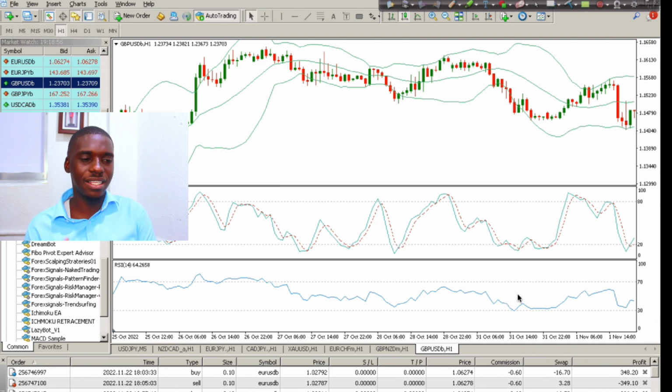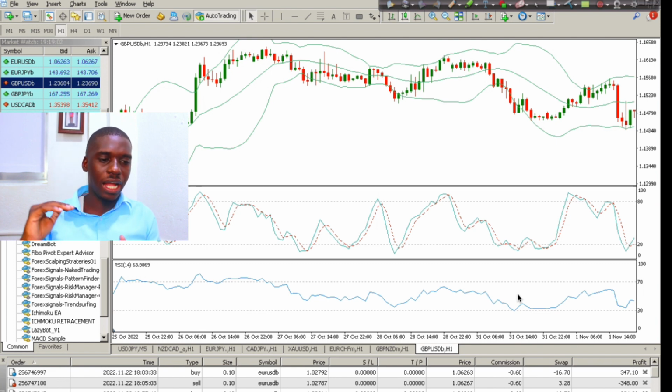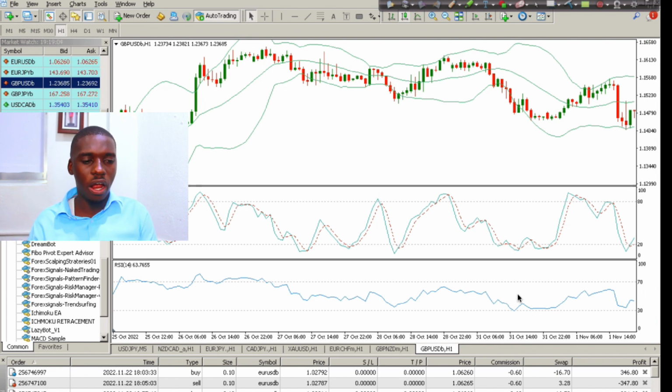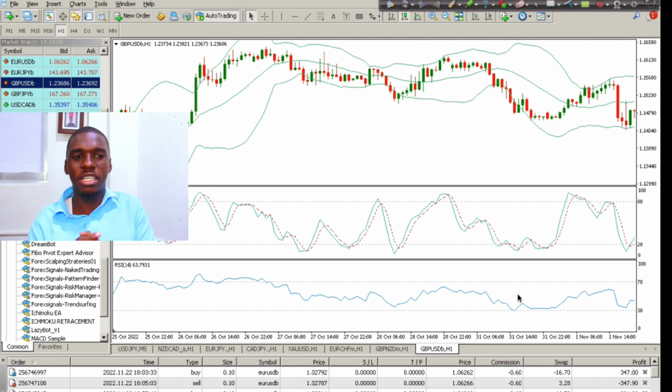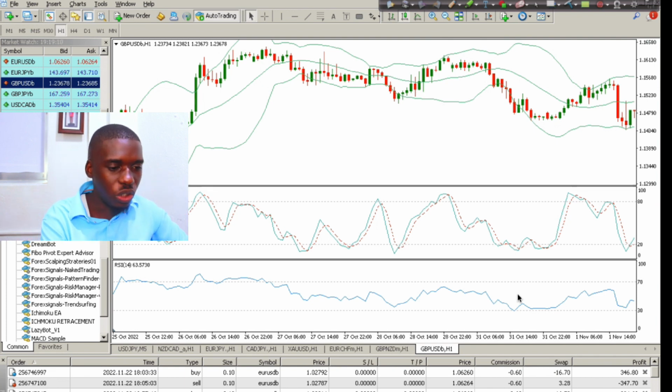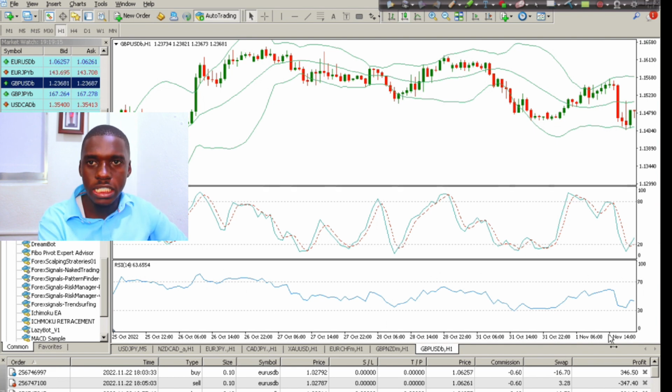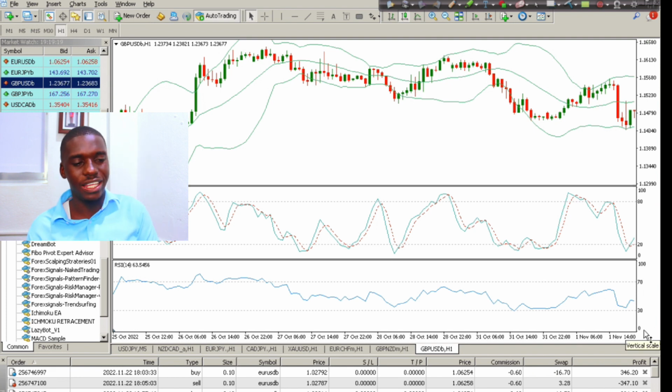It works the same way and can be interpreted in the same way, only that it works within a range of 0 to 100, between 30 and 70, with the same parameters, overbought and oversold, as you can see. So over 70, this area is determined as the overbought, and this area as the oversold.